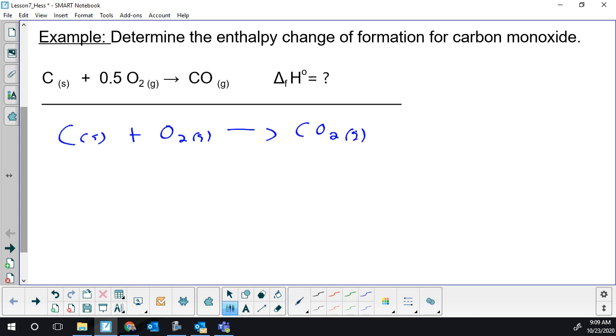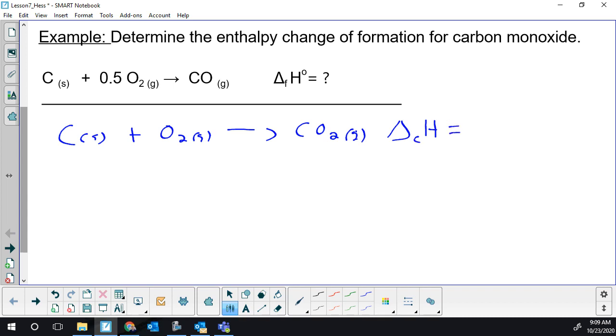This would be complete combustion. Make sure there's an excess of oxygen, and you should fully oxidize all of that carbon. So you can carry out this reaction and determine its change in enthalpy of combustion.